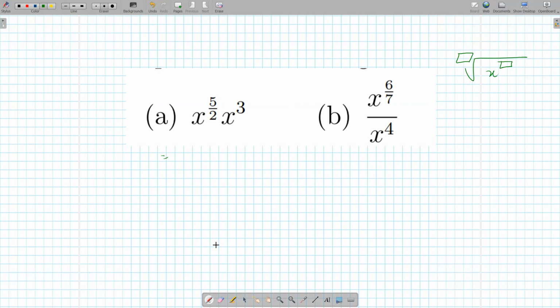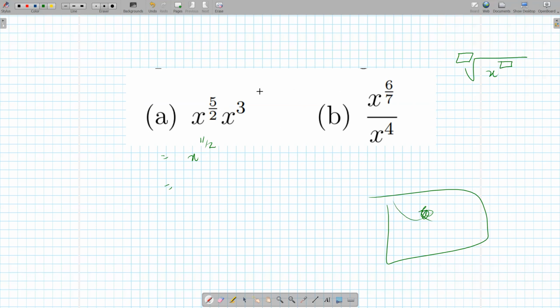First simplify it, right? You're multiplying two different x's. Let's add the exponents. What's 5/2 plus 3? You can do this on your calculator. We don't have to worry about showing the fraction work. 5.5. Yeah, which is 11/2. There's a button on your calculator that's going to convert it into fractions.